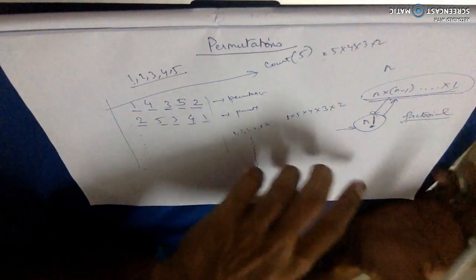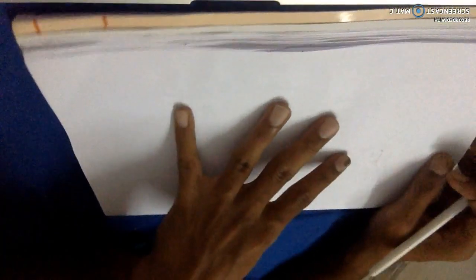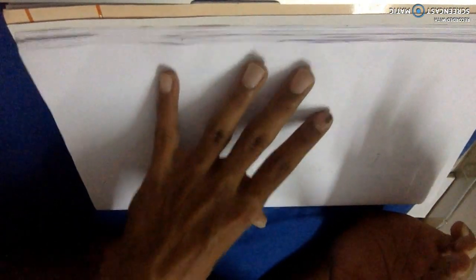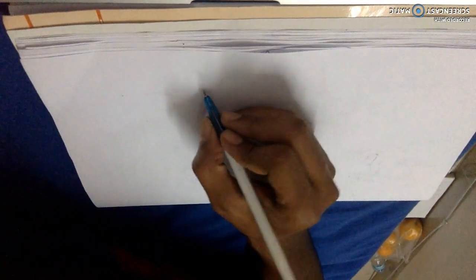I'm going to give two ways to see how this formula works. Let's take an example scenario. Let's say you have three friends, Ram, Vijay and Ajit.